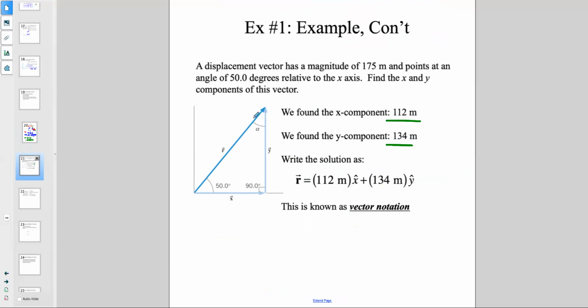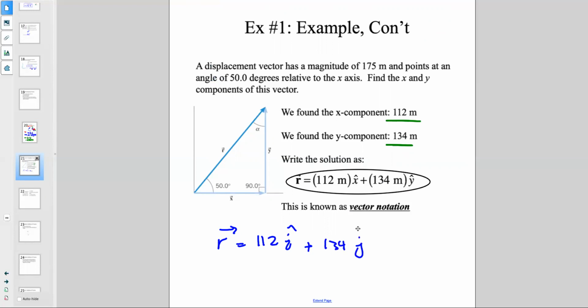Then we can write the formula like this equation: 112 x hat plus 134 y hat. Or you could just write it like this. You could just write r equals 112 i hat plus 134 j hat.